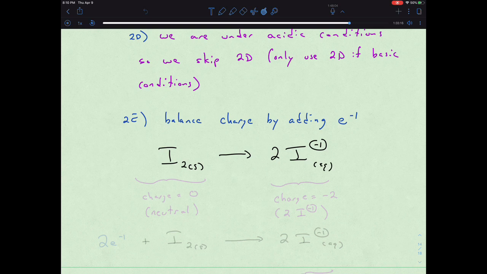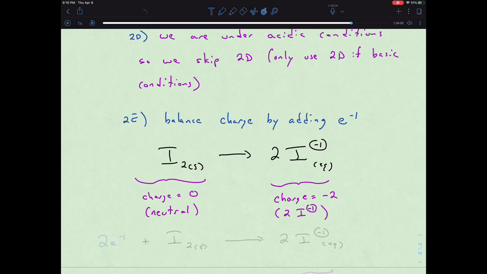If we look at charge, charge on the left of the starting material is 0 because this is neutral. There is no charge on any of the starting materials. We only have one starting material, iodine. On the product side, our charge is equal to -2 because we have 2 iodides that are -1 in charge. So we need to add electrons in order to balance that out.